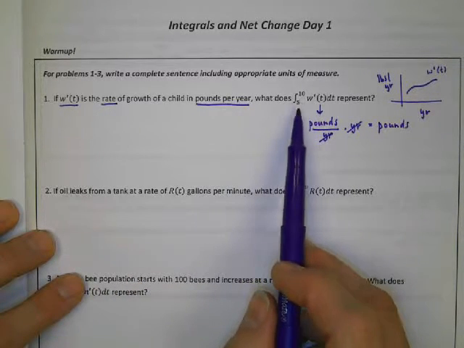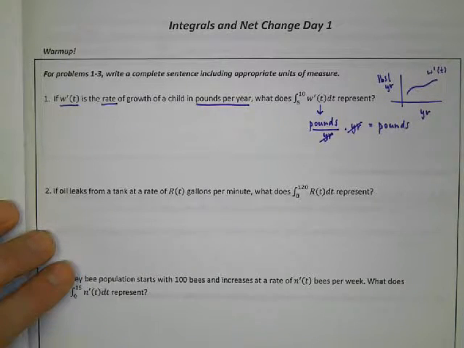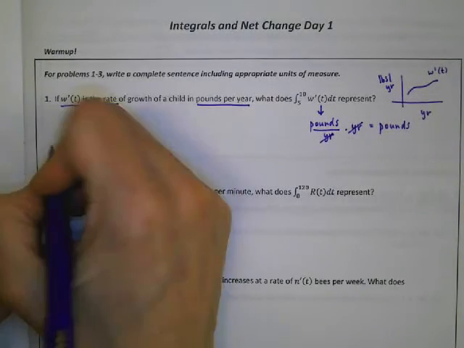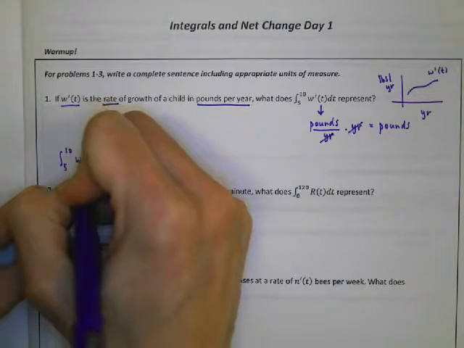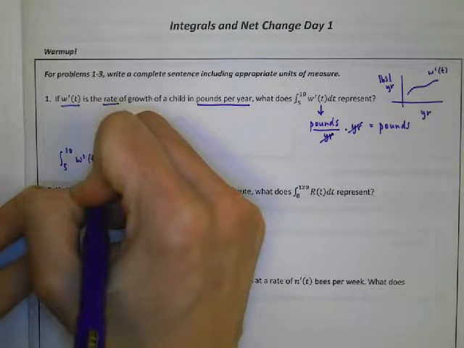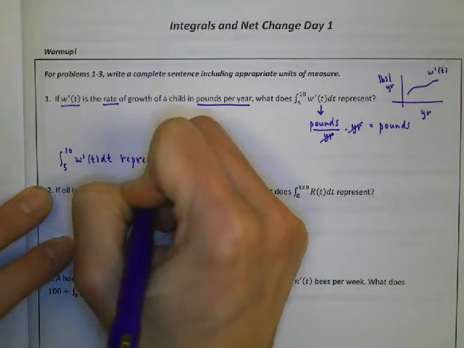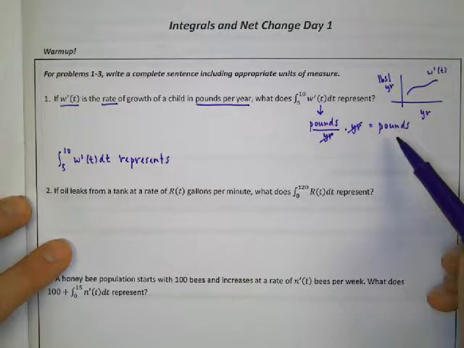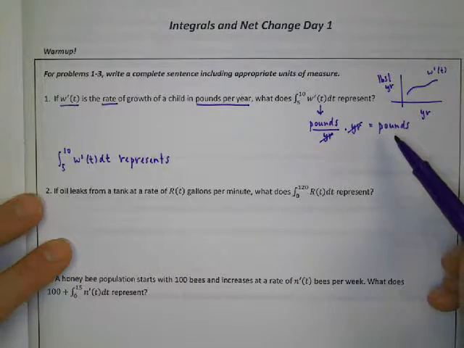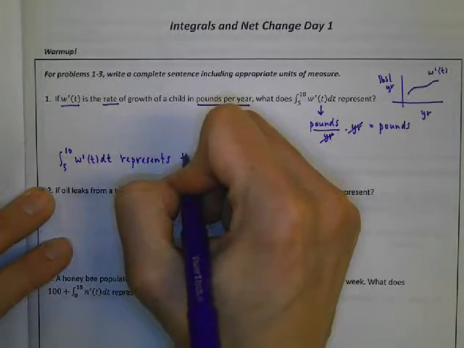Our question was, what does the integral from 5 to 10 of W prime of t dt represent? Well, if the units of that integral are in pounds, that must be telling me that it represents the growth of the child in pounds.